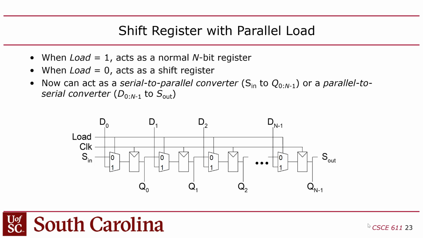One is load the shift register in parallel in 1 cycle, or have it shift by 1 bit at a time. So to implement that, you add a mux to the input, where one of the inputs of the mux is just the same input we had before, the output of the previous flip-flop. The other input to the mux is a parallel D input. I don't know why these are numbered from 0 to n-1, because that's the wrong order, but that's how they have it shown. n-1 should be here, and 0 should be here. But yeah, you get the idea. You can load them in parallel.